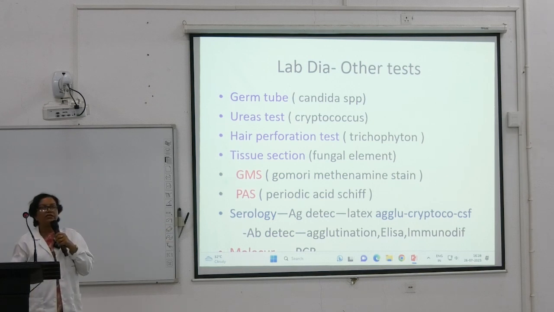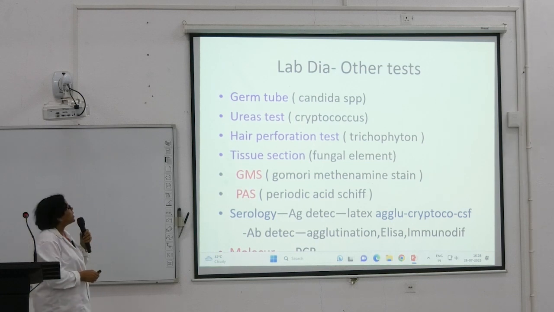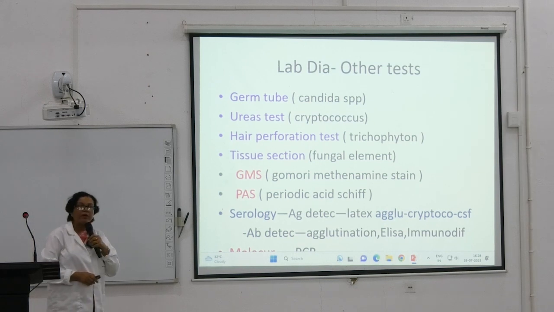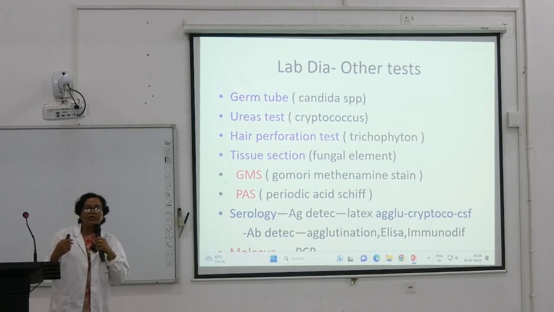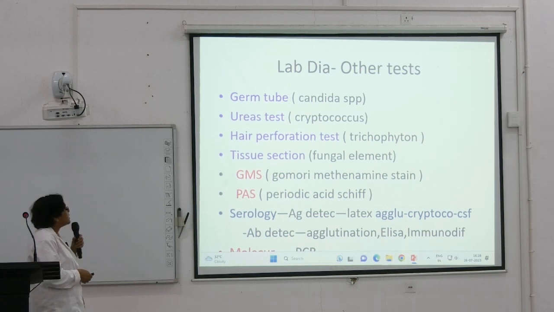Here the hair perforation test: when there is fungal infection of hair, that is Trichophyton. So here the perforation test is done for diagnosis. Tissue section, biopsy is also taken if there is lung infection by fungus, hepatic infection, we have to go for tissue section. Lymph node infection by fungus, we have to go for biopsy.